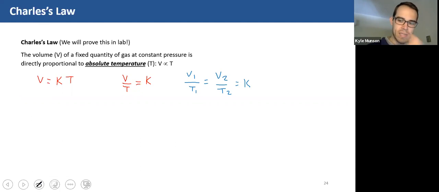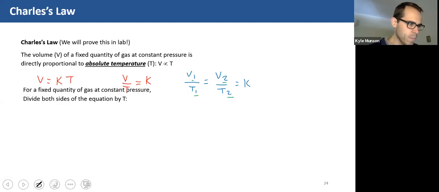It should be K, the proportionality constant. The subscripts 1 and 2 here indicate the initial measurement and the final measurement. So V1 is the initial volume, V2 is the final volume, and same idea with temperature: T1 is the initial temperature, T2 is the final temperature.